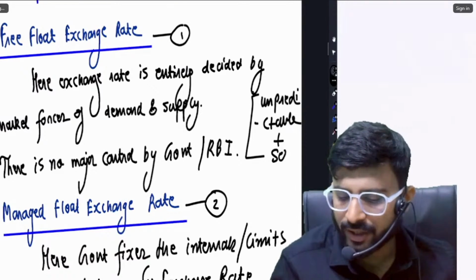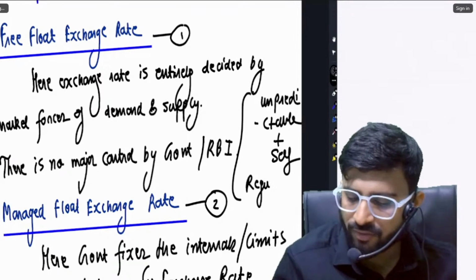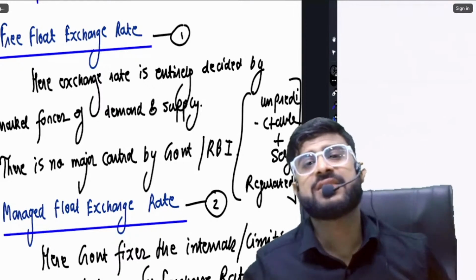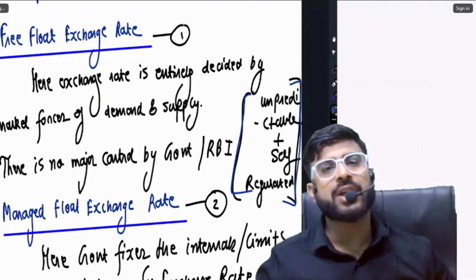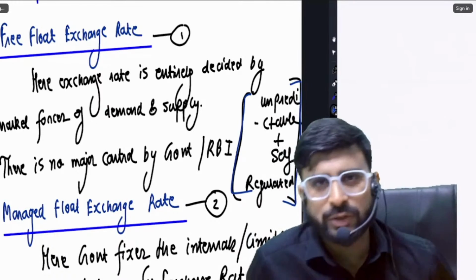Unpredictable plus self-regulated. Is that clear so far?